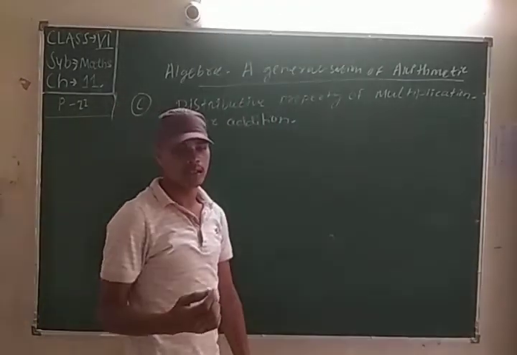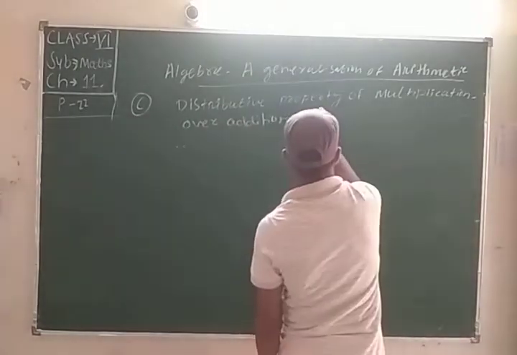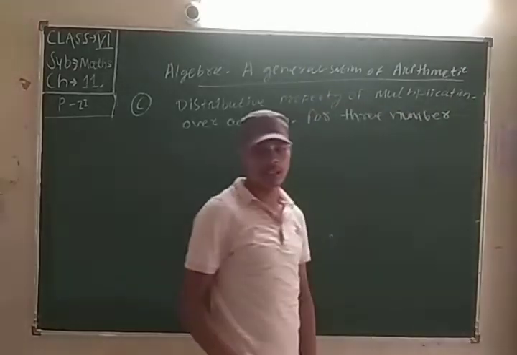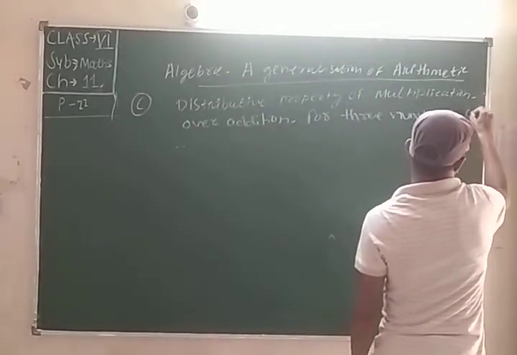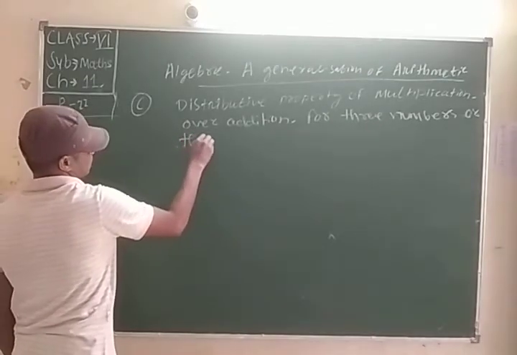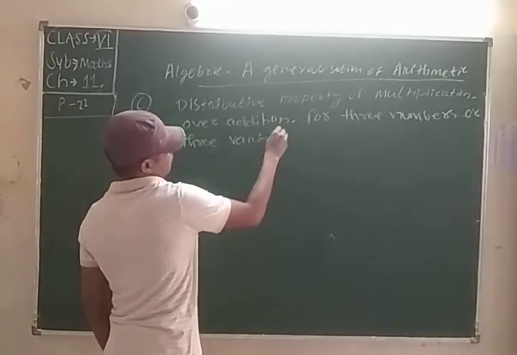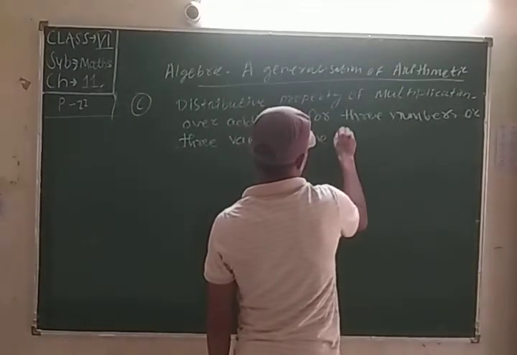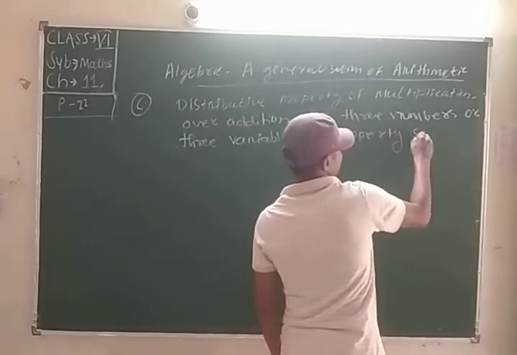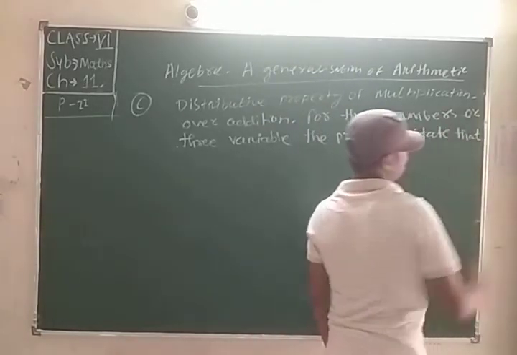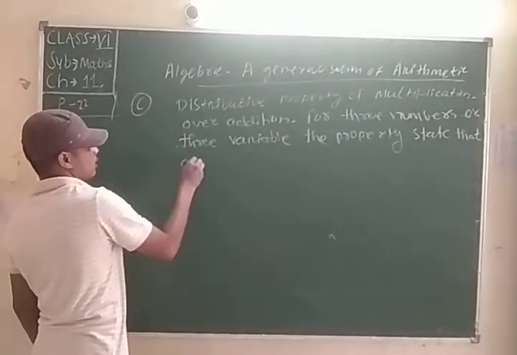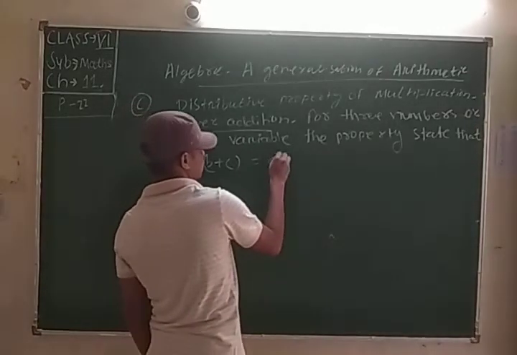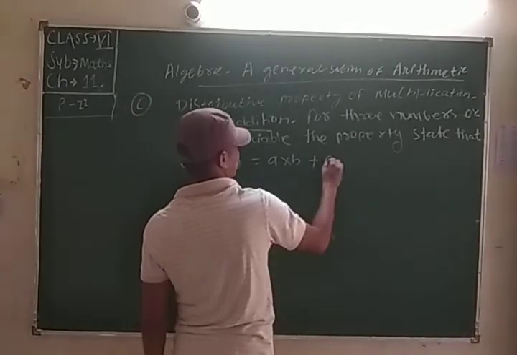For three numbers or three variables, the property states that a into b plus c, since it is over addition, should be a into b plus a into c.